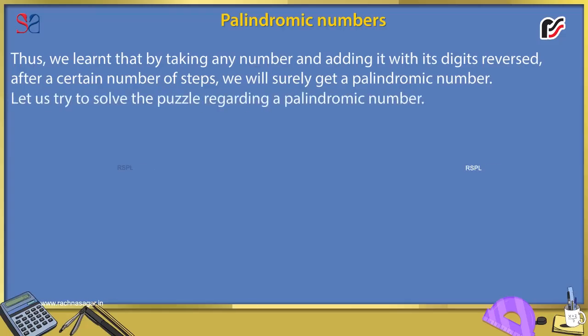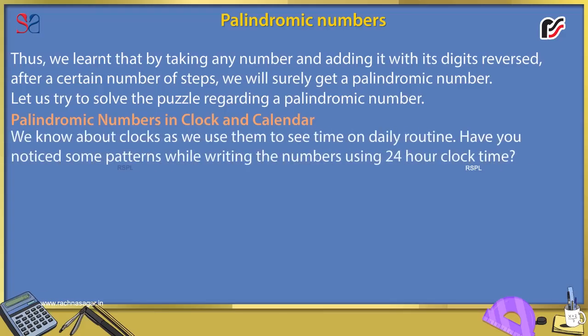Let us try to solve the puzzle regarding palindromic numbers. Palindromic numbers in clock and calendar. We know about clocks as we use them to see time in our daily routine. Have you noticed some patterns while writing the numbers using 24-hour clock time?